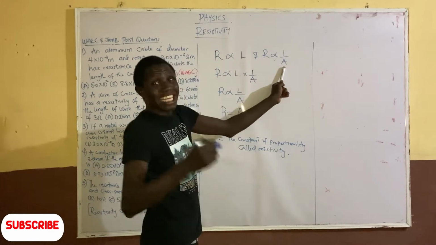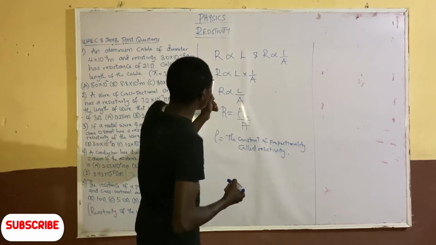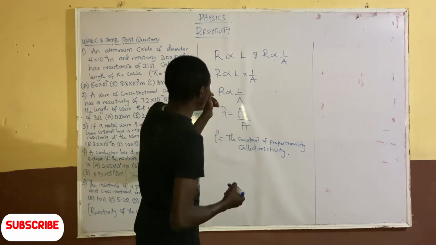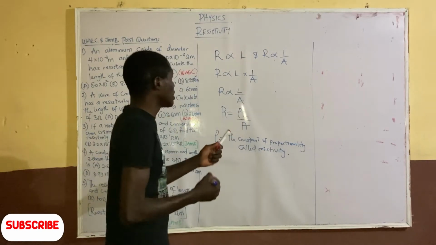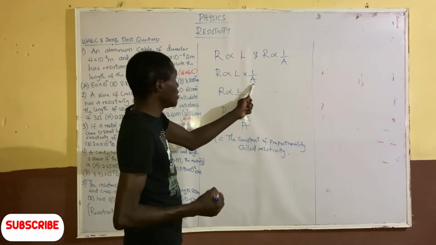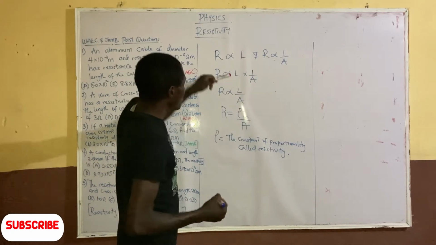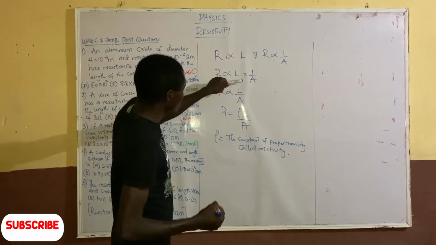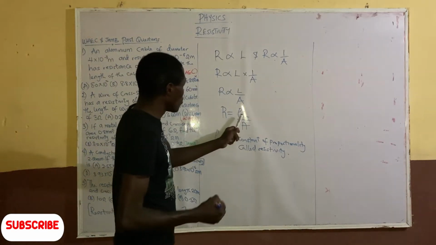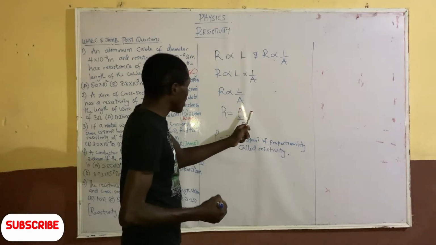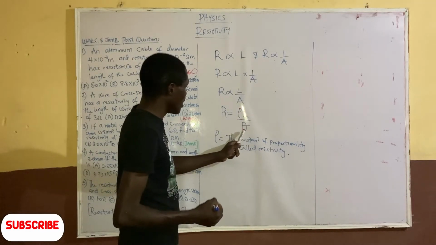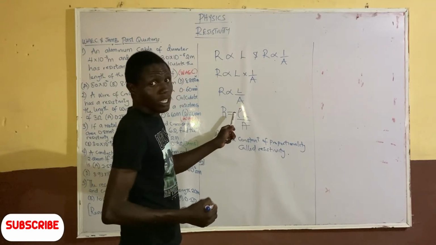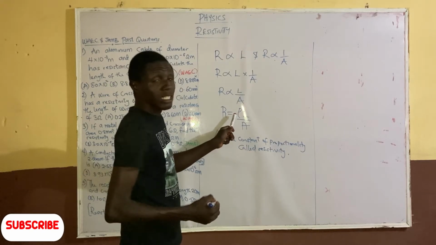By combining the direct and inverse variation, R is proportional to L over A. Then we have R equal to rho multiplied by L all over A. This is called rho, a Greek alphabet.